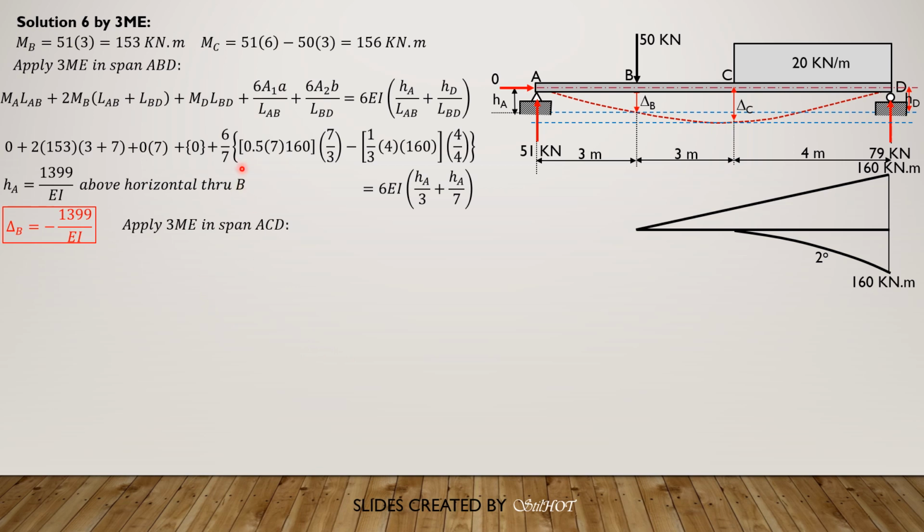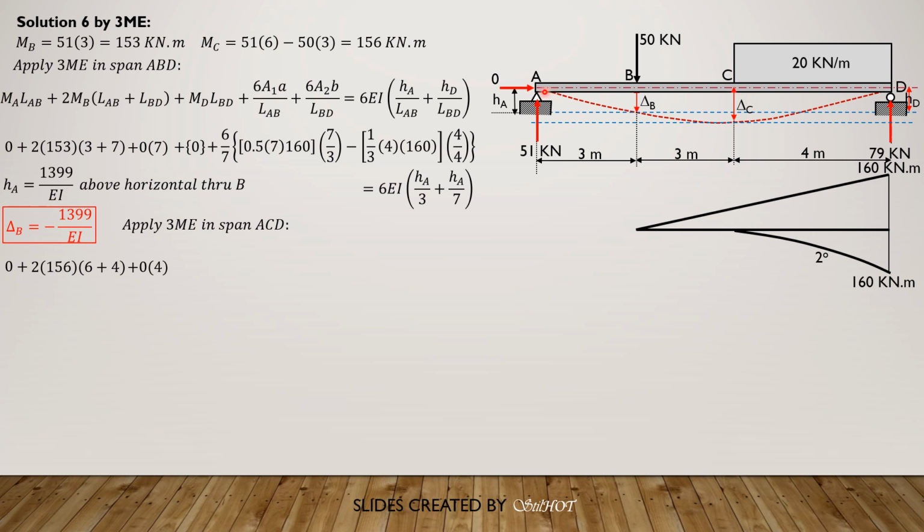Take note that we have moment at C equal to 156. Applying the three-moment equation, the first term is 0, the second term is 2 times 156 times the quantity 6 plus 4, since AC is 6 and CD is 4. Then plus the moment at D, which is 0, plus 6 A1 a1 over L1.